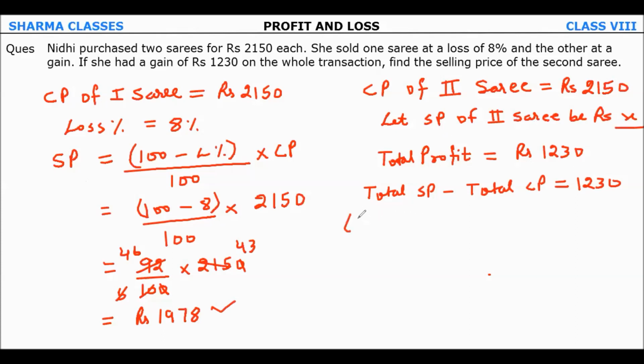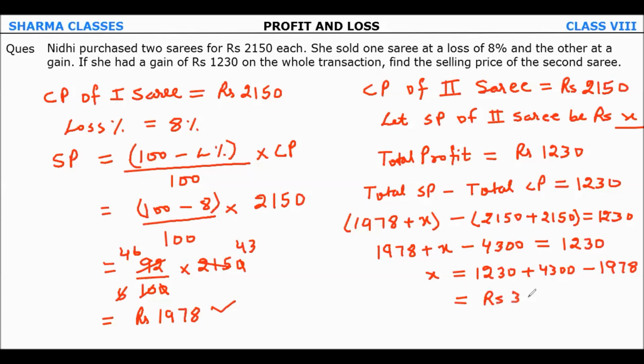So I can write 1978 plus X, and total CP is what? CP of first saree 2150, CP of second saree 2150. So I can write 2150 plus 2150 and equals to 1230. Now I'll solve it for X from here.